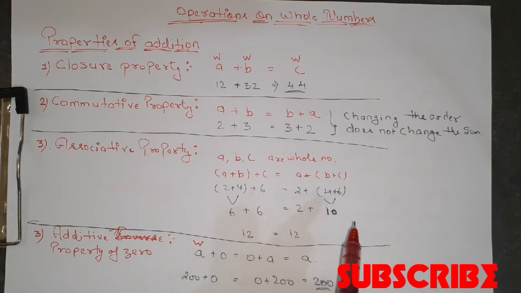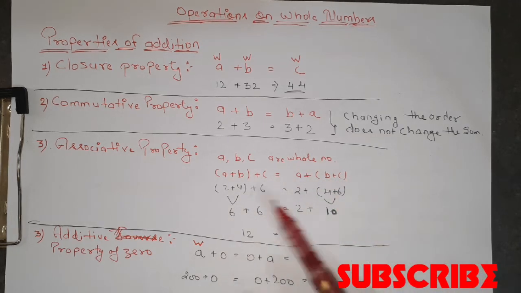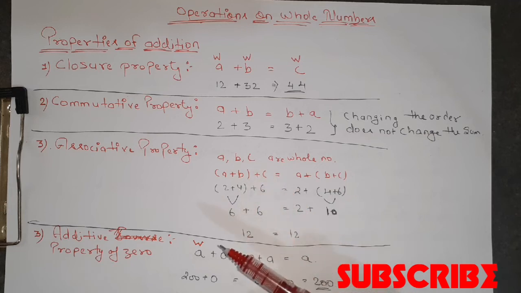Which means that regardless of how you group the particular numbers, the sum will not be changed. No matter how you group the numbers, the sum will not be changed.